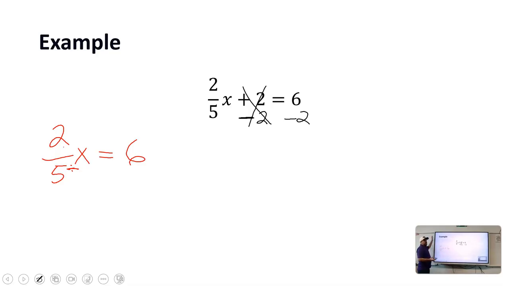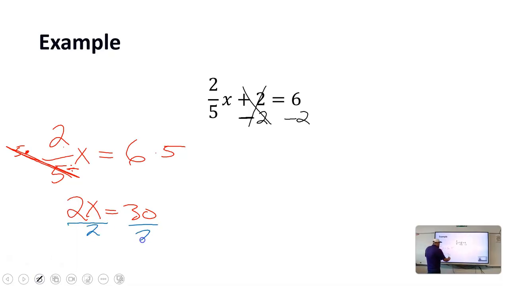So we can do these in two steps. We're going to multiply by 5 first and get rid of that 5. Multiply by 5 over here, and we end up with 2x equals 30. So you can multiply by the bottom number first, and then at this point, we're going to go ahead and divide both sides by 2, and we get x equals 15.